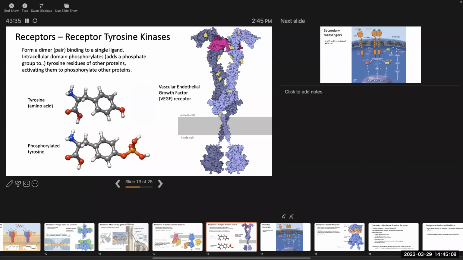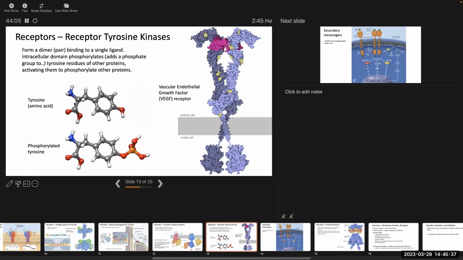So what this receptor does is add phosphate groups to the tyrosine residues, or tyrosine amino acids, within other proteins. What you're looking at here on the left is a picture of the tyrosine amino acid. Technically, this is not a residue because it's not actually part of a protein. You can see it's got the whole amino group, the NH2, and its whole carboxylic acid group over here, COOH.